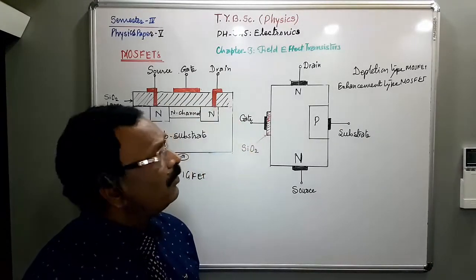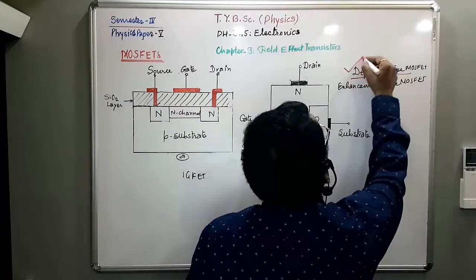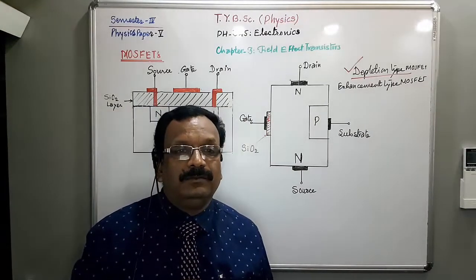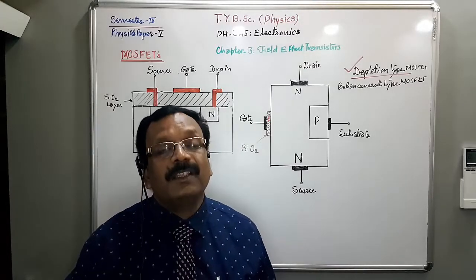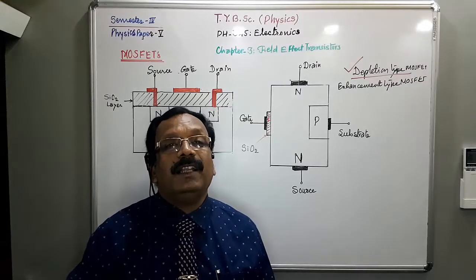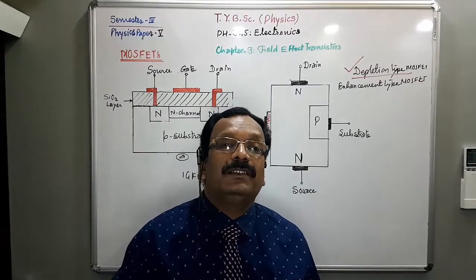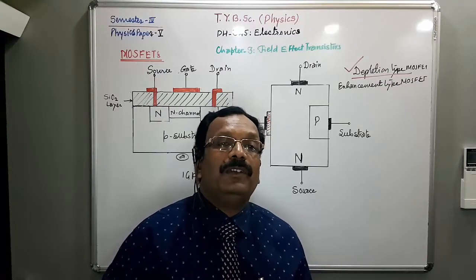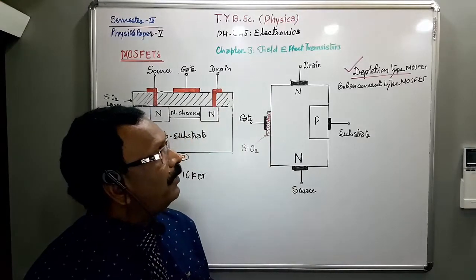Now first of all we are going to see depletion type. This one, depletion type N channel MOSFET. Why N channel? Because in previous lecture we studied very well that N channel has wide range because it has many advantages over P type of JFET, and hence depletion type MOSFET.